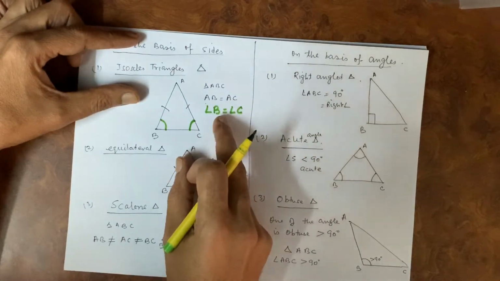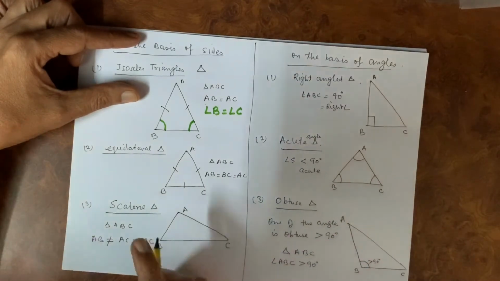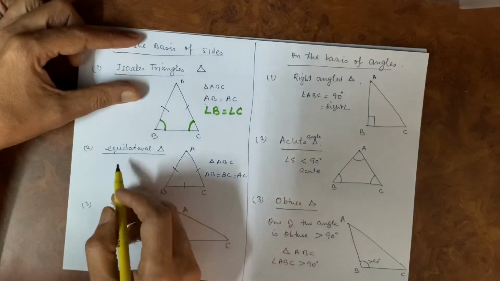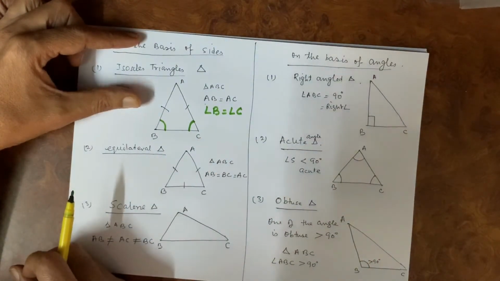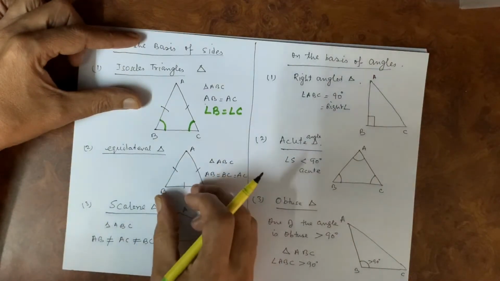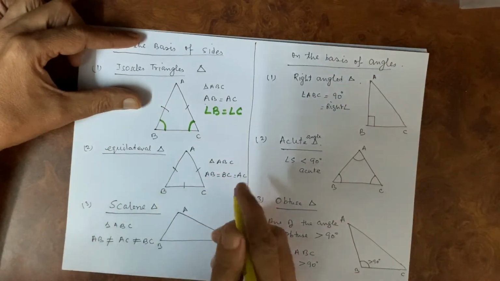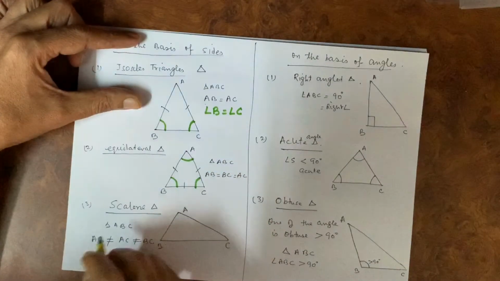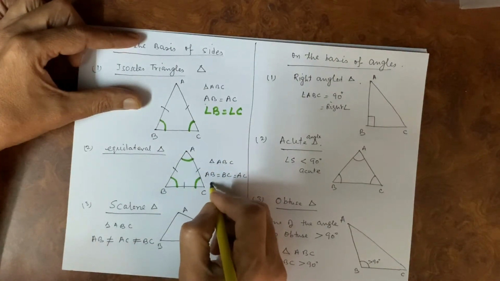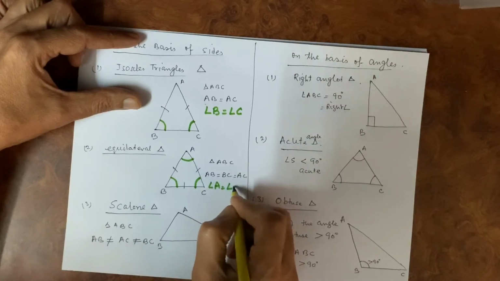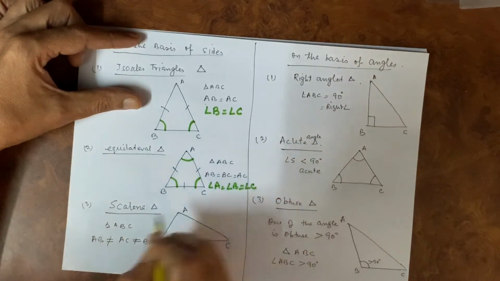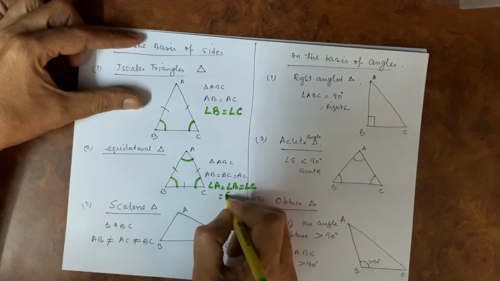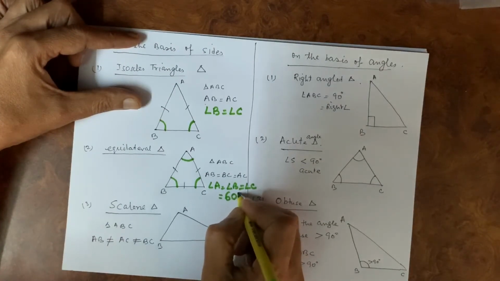Now we come to one more property, of equilateral triangle. In equilateral triangle, all the three angles are equal. Angle A is equal to angle B is equal to angle C, and they are equal to 60 degree each.